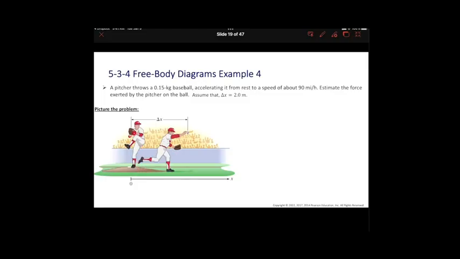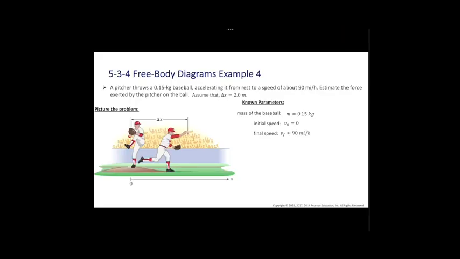The pitcher is throwing the ball and we choose the x-axis to point in the direction of the pitch.